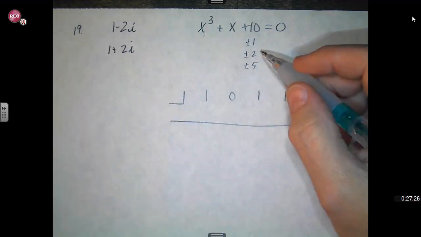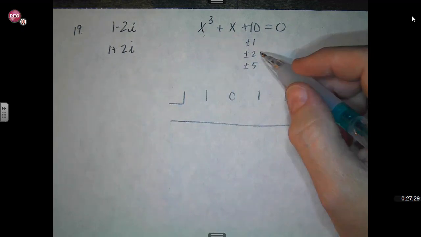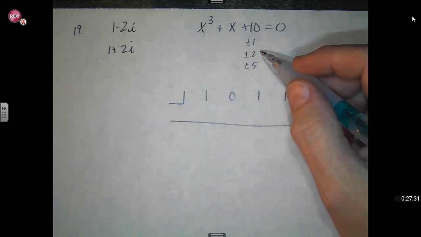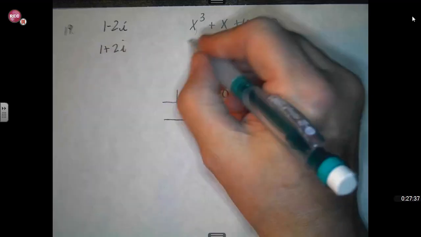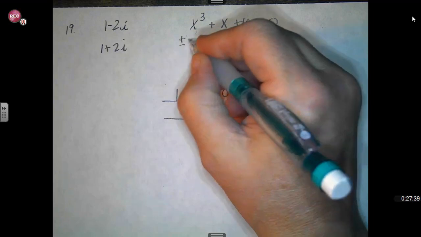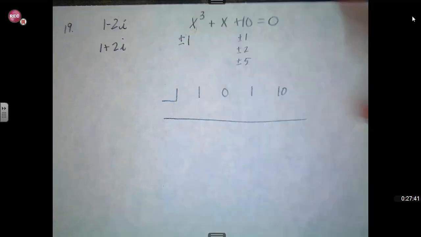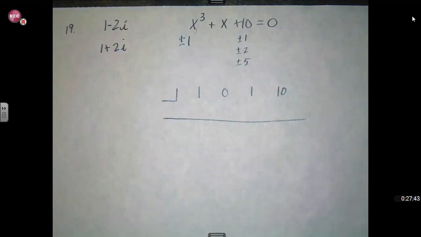And I listed these because those are the possible rational roots over the factors of the coefficient of the cube term there, which is 1. So it really is a moot point that it's over that. Anything over 1 is itself. So this is actually my list of positive roots.